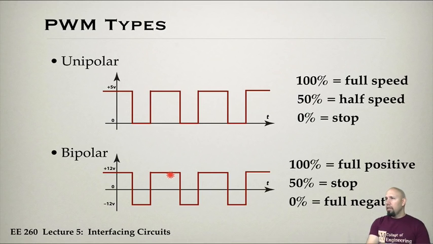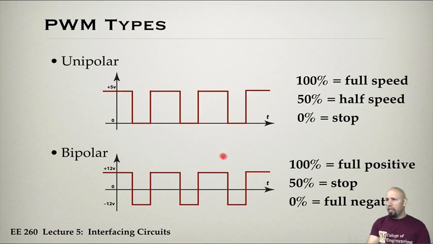The unipolar is nice because the Arduino does it directly, but bipolar is also another good way of going. For a motor that can go both directions, 100% basically is full positive, 50% corresponds to a stop, and 0% corresponds to full negative.